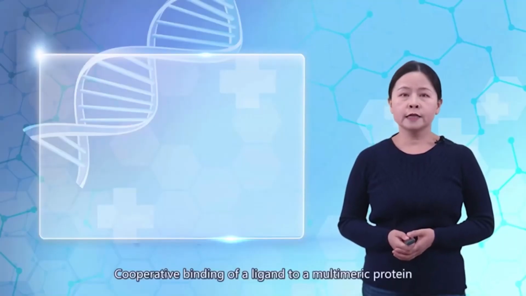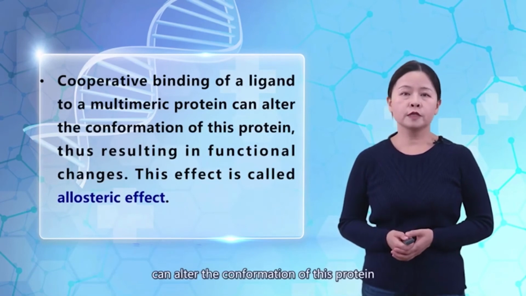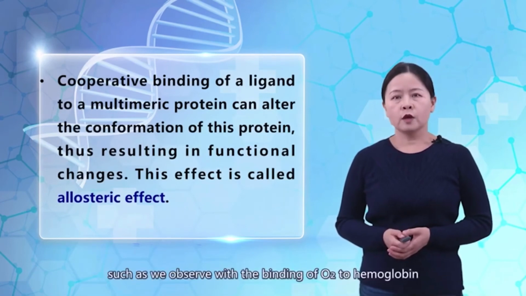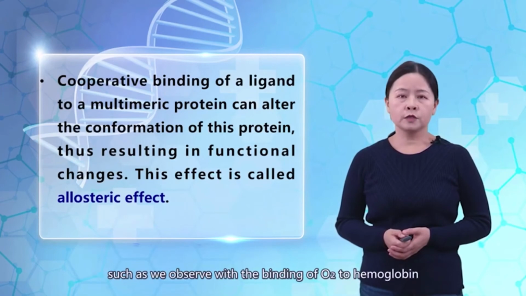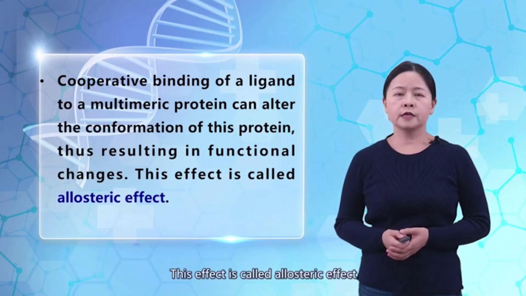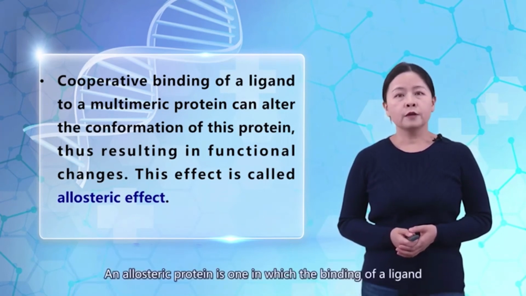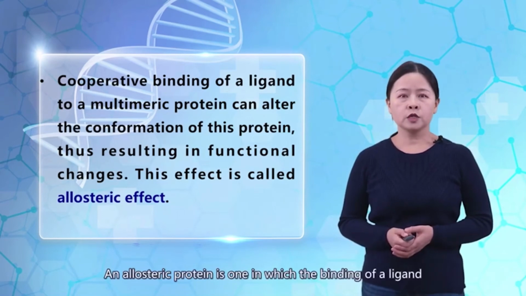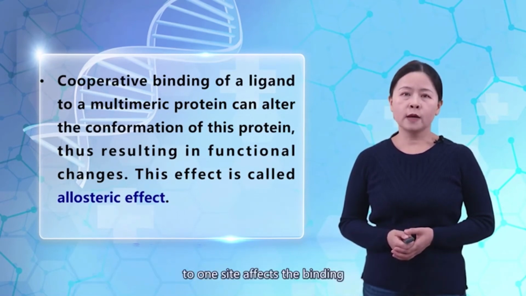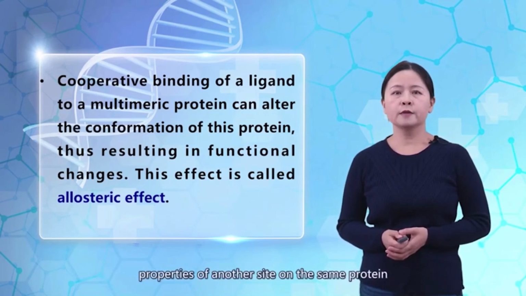Cooperative binding of a ligand to a multimeric protein can alter the conformation of this protein, such as we observe with the binding of oxygen to hemoglobin, thus resulting in functional changes. This effect is called the allosteric effect. An allosteric protein is one in which the binding of a ligand to one site affects the binding properties of another site on the same protein.